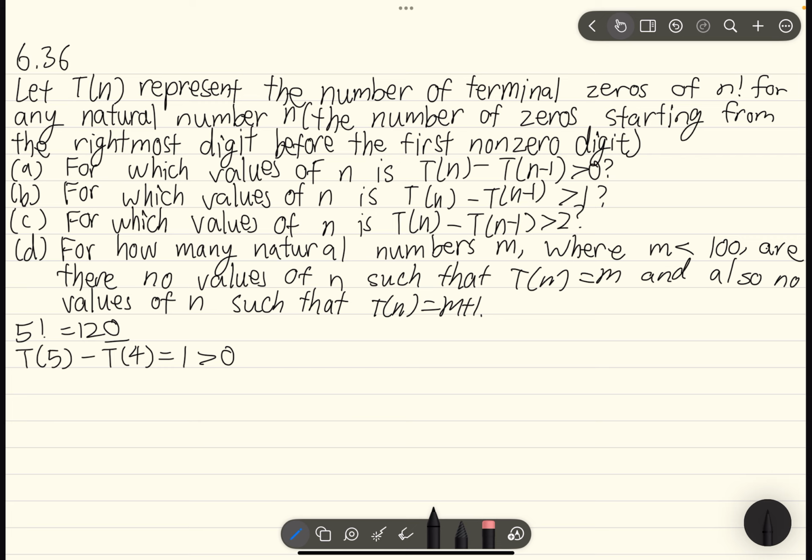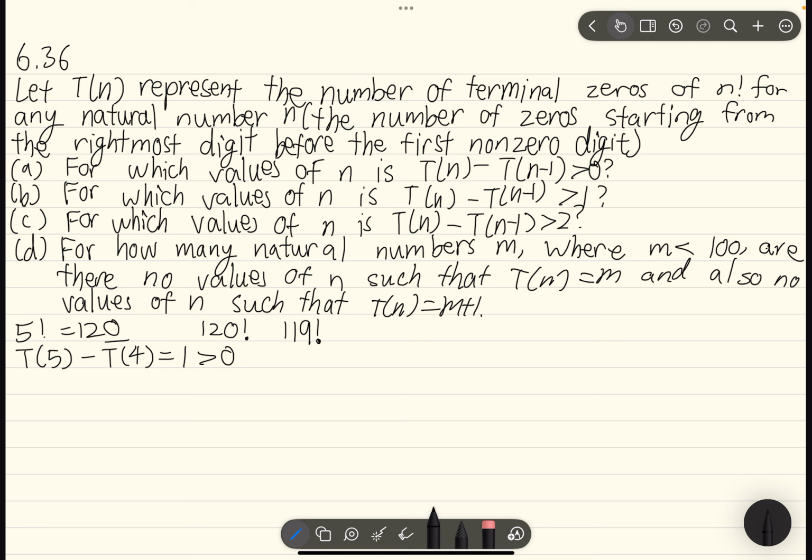So examples would be, say, 120 factorial, right? 120 clearly has 5s. Well, as 120 has 1 five in it, right? So it has one more terminal 0 than 119 factorial.